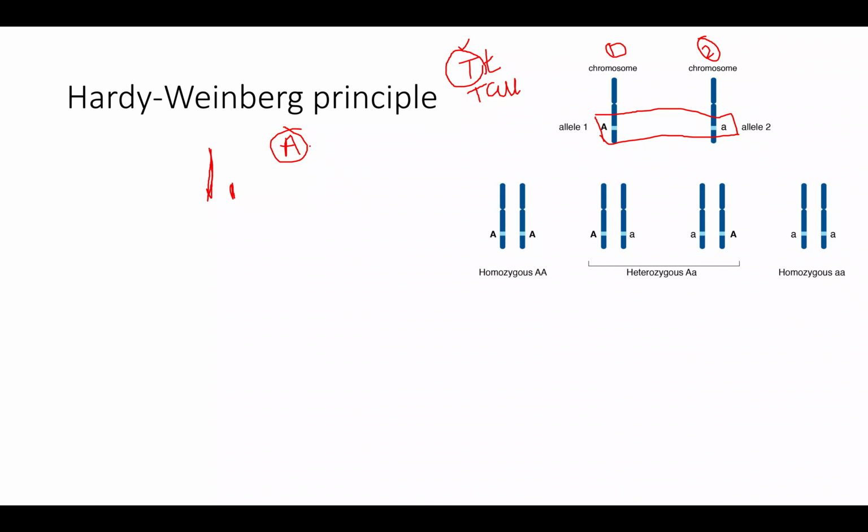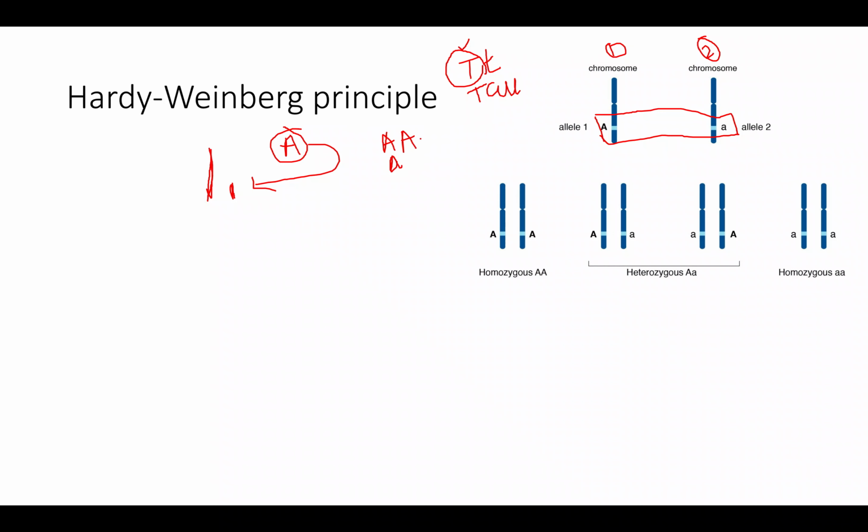For this tall or short phenotype, there would be different genotypes also. It cannot be just capital A or just small a, because we are diploid. It has to be double. There has to be something present in the other chromosome also.